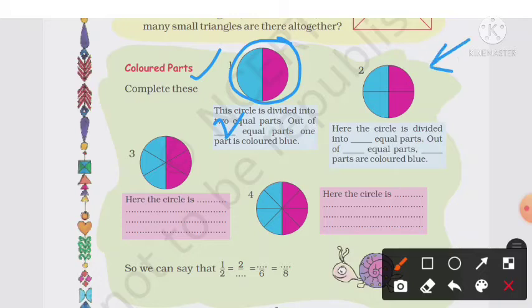In the next figure, here the circle is divided into 4 equal parts. You can see here 2 in blue, 2 in pink. Out of 4 equal parts, 2 parts are colored in blue.